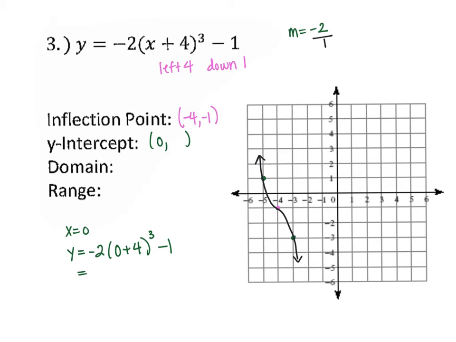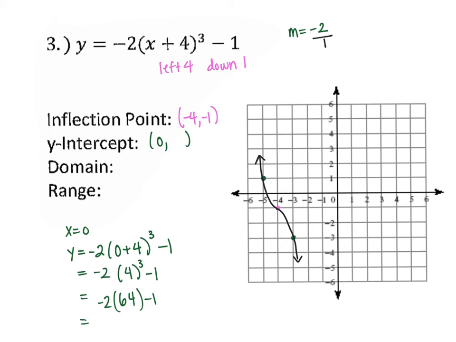that's a highlighter, my bad. So there we go, -2. So 0 plus 4 gives me 4, and then that's going to be cubed minus 1. Well, 4 cubed, that is going to be 4 times 4 times 4, which is 64. And that is multiplied by -2.